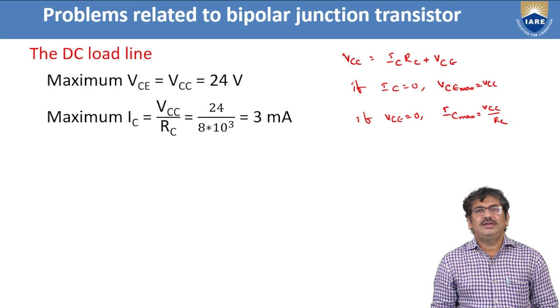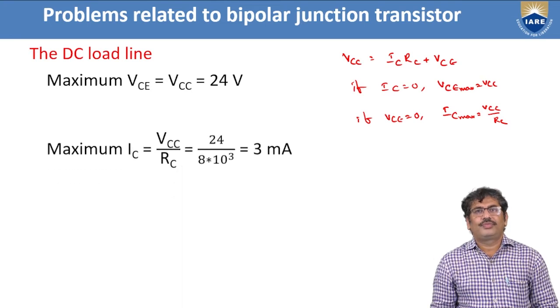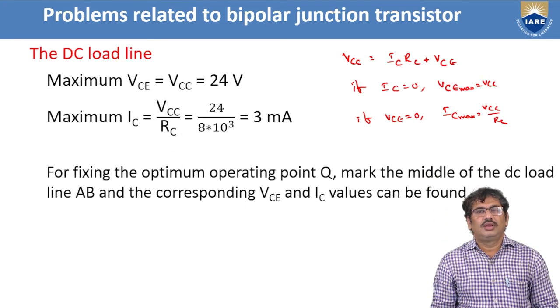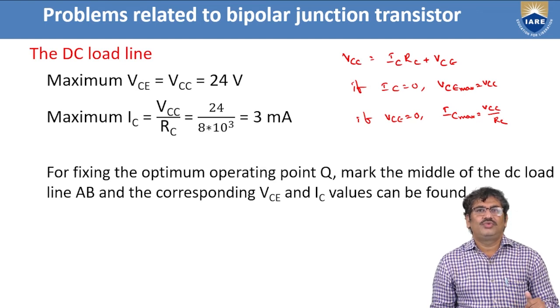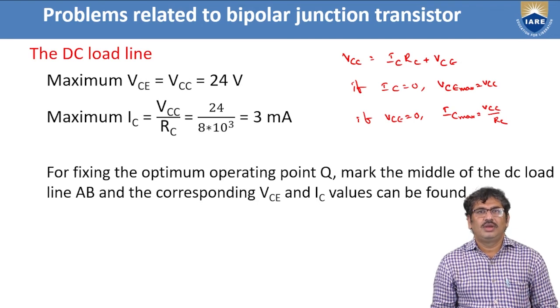The DC load line is the plot between the maximum collector to emitter voltage and the maximum collector current drawn by the transistor. We will get the DC load line connecting between 24 volts on x-axis, 3 milliamperes on y-axis.